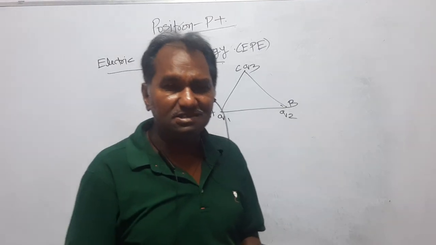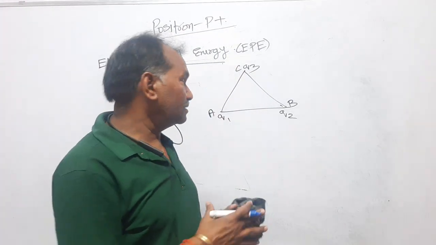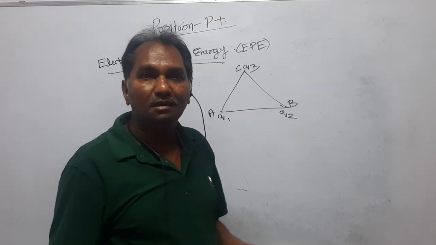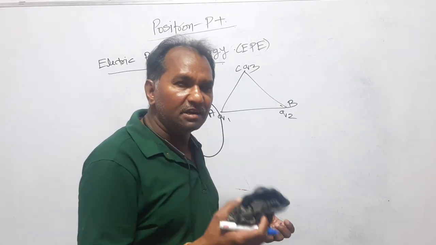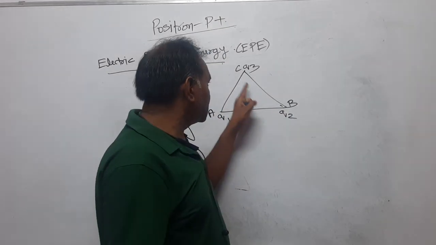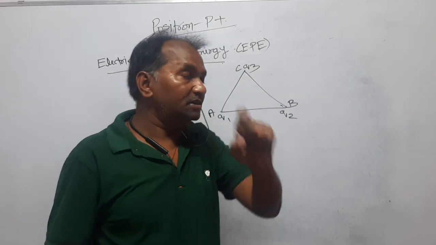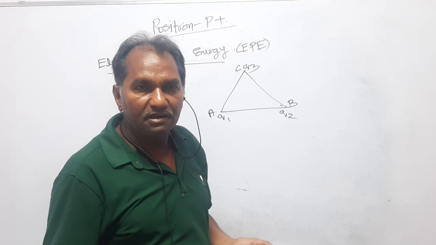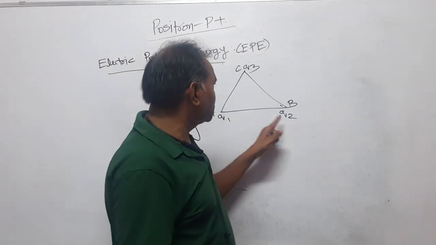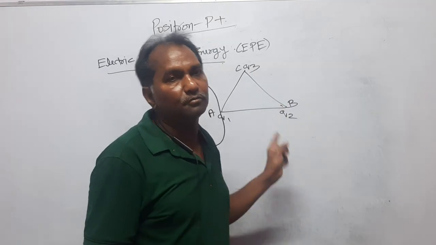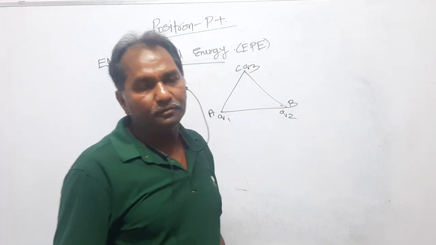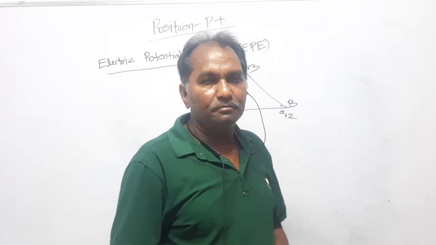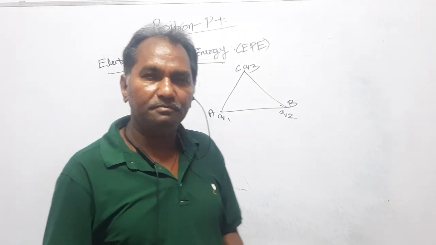The definition says it is the work done in bringing these charges from infinity to points A, B, C, that is, the work done in assembling these charges, and that work done is stored as potential energy. We have to find this work done, and it will provide us the potential energy of the system.